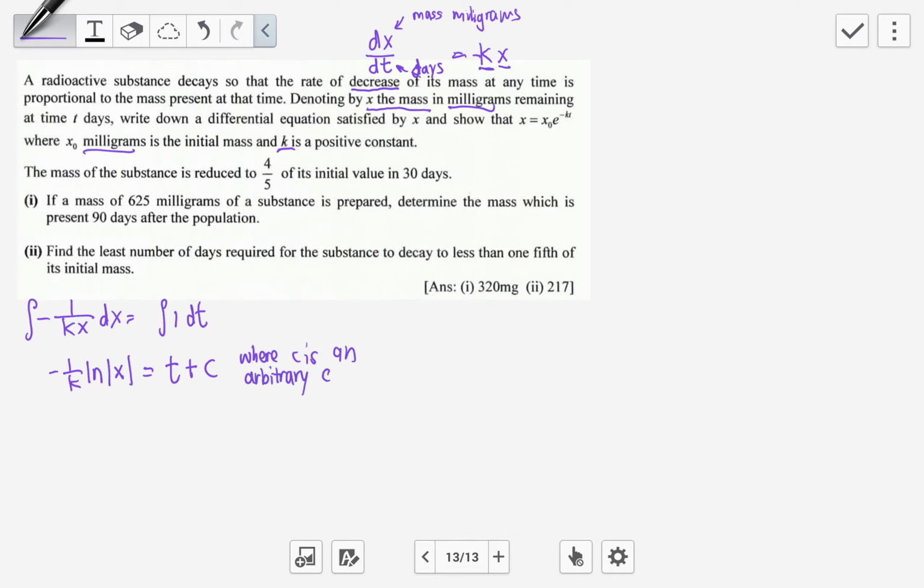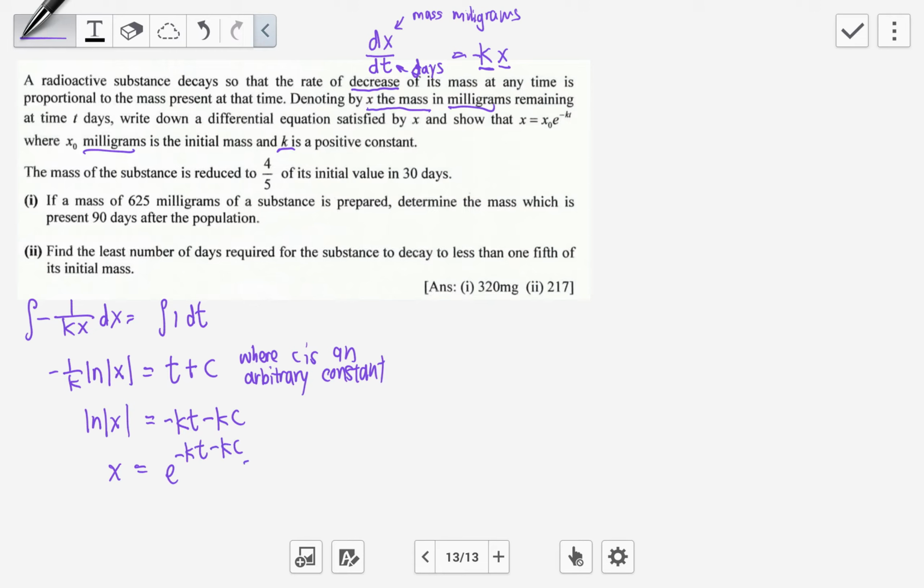Then we can multiply by minus k over, so we get minus kt plus minus kc equals ln modulus of x. Since x is a mass and must be greater than 0, I do not need the modulus sign, so it will just be ln x. Doing the exponential on both sides, the ln will disappear, so we have x equals e to the minus kt minus kc.